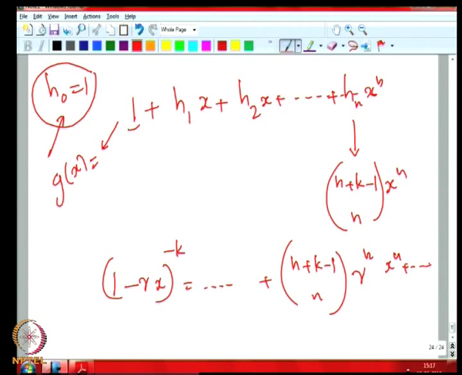We do not want r here, so put r equal to 1. Then the general term is hn x raised to n, and 1 minus x raised to minus k gives the generating function we are looking for.